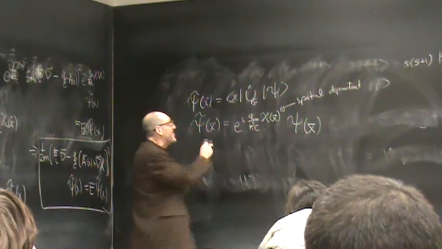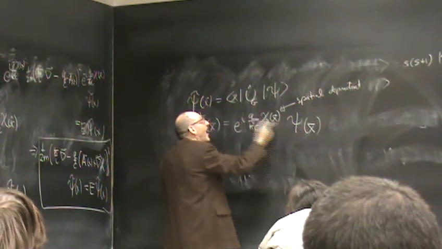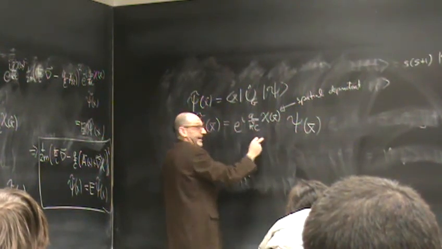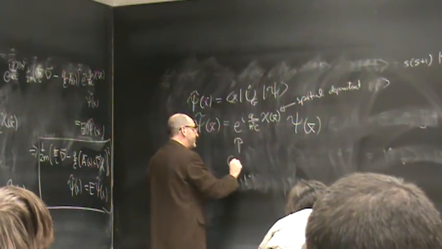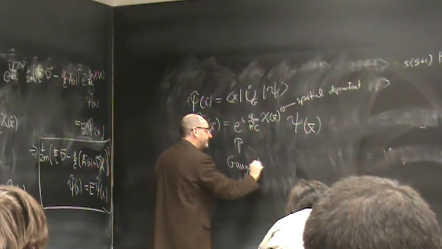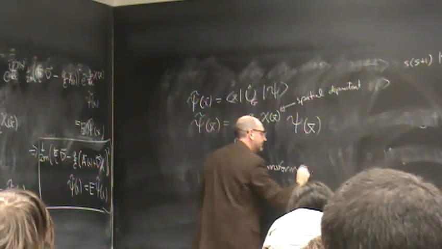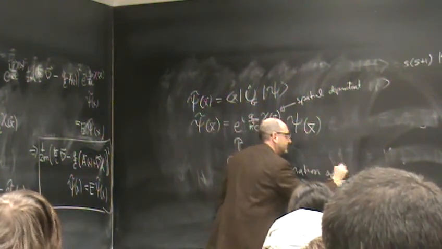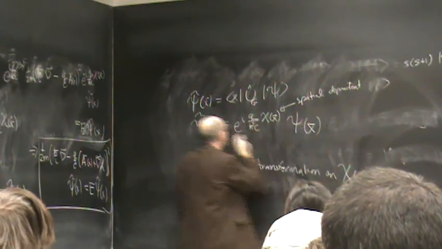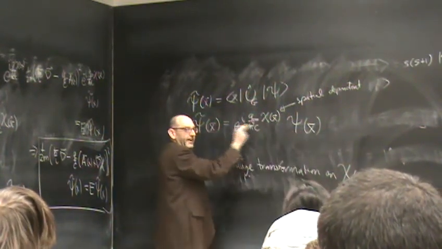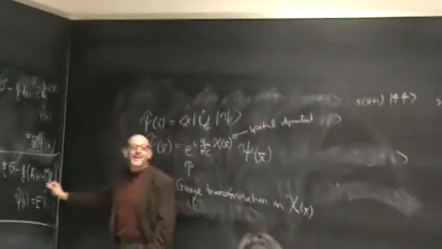The fact that quantum mechanics is invariant under a gauge transformation. This is a gauge transformation on the wave function. Because quantum mechanics must be invariant under a gauge transformation, there must be a vector potential.